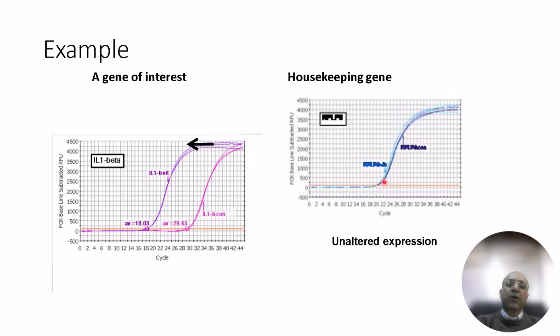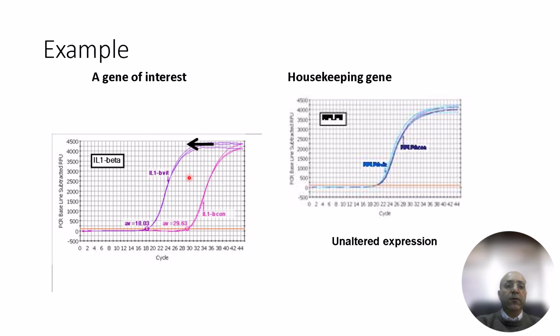So we're using equal quantities of total RNA in these two samples. But then when we looked at the gene of interest, we notice that the signal is detected in this sample at an earlier cycle compared to this sample. Okay, and that means that this sample here has more expression, higher expression of that gene compared to that sample.